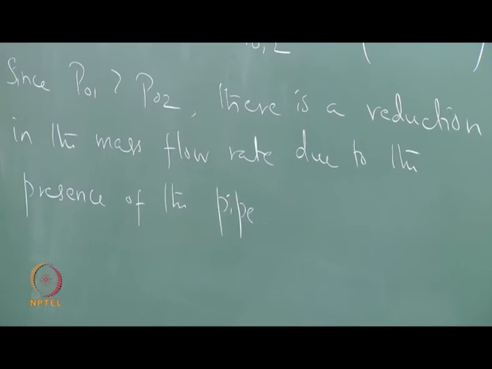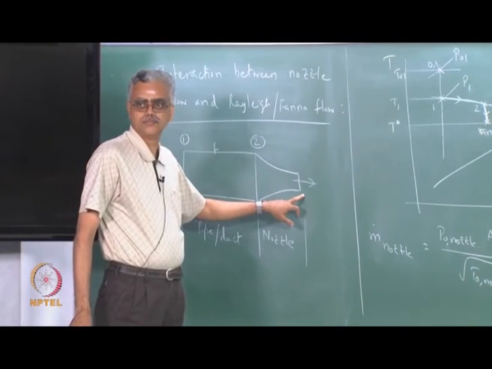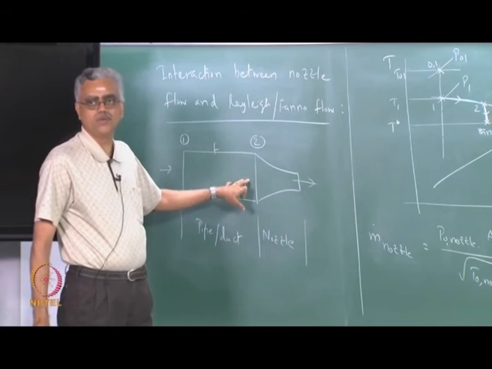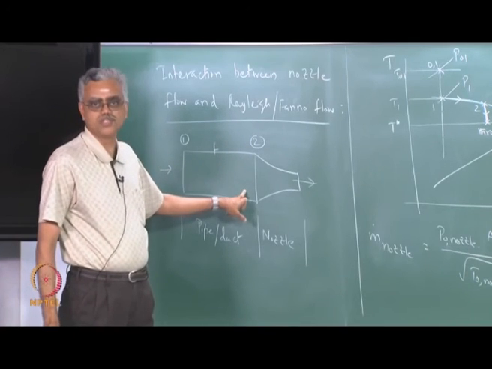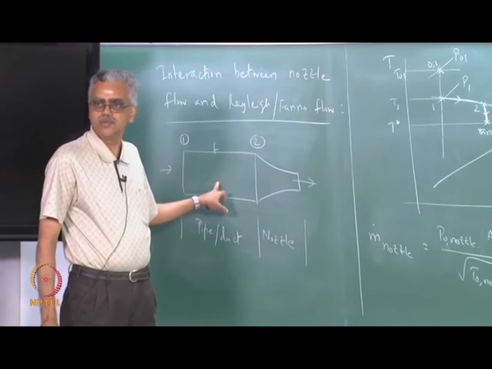Okay. The other important point is, notice that M equal to 1 in this case is attained here, which means the value of M at the end of the pipe will always be subsonic. If inlet is subsonic, this will always be subsonic because M equal to 1 can occur here only. We cannot have M equal to 1 here.